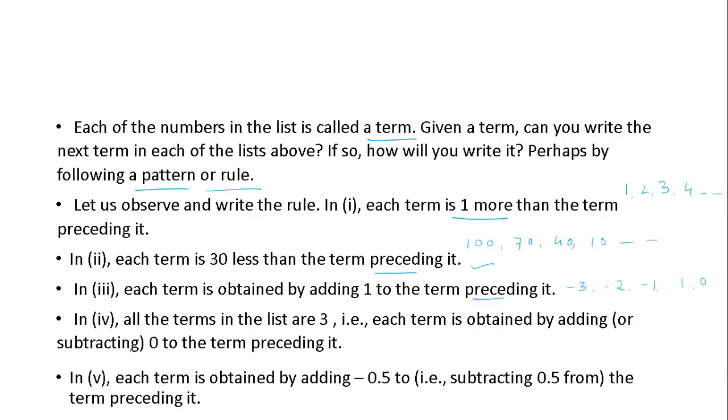This is right. In the fourth list, 3, 3, 3, 3, each term is obtained by adding or subtracting 0 to the term preceding it. Fifth one: each term is obtained by adding -0.5, that is, subtracting 0.5 from the term preceding it.